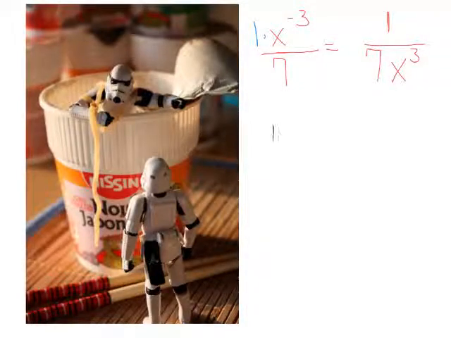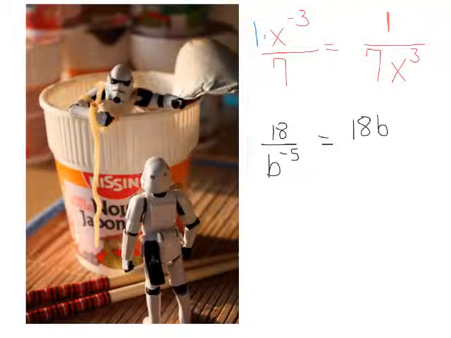Or the reverse, if it's in the denominator, say 18 over b to the negative 5, we can move that piece to the numerator, and the thing that's left over is the not written but implied 1 out front. So that's going to be useful in solving 9b.